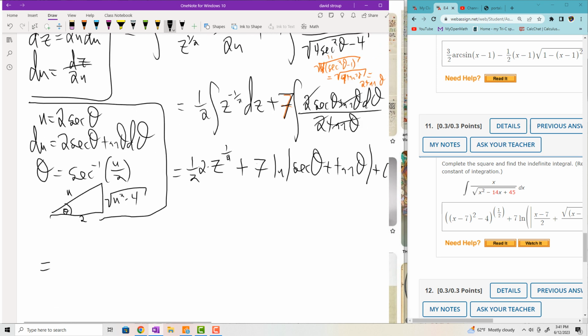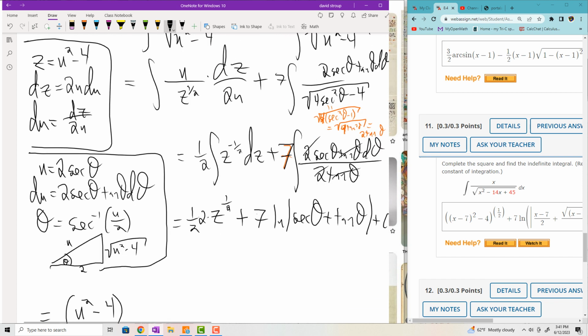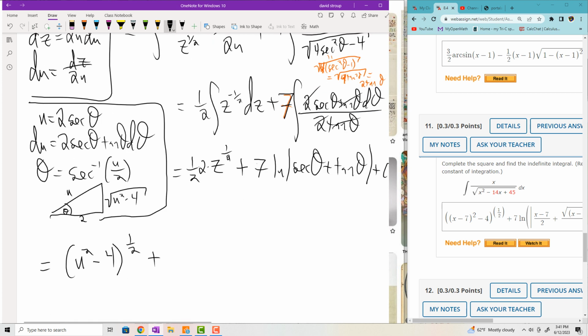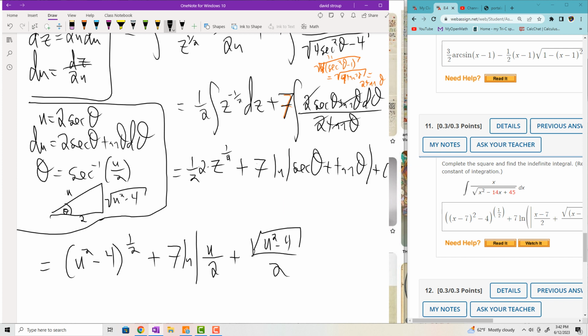So anyways, back subbing the z portion at least. So we have u squared minus 4, wasn't it u squared minus 4? Yeah, to the 1/2. And then plus, now I have to back sub the secant theta and stuff. Ln of the absolute value of secant is, using now the triangle, hypotenuse over adjacent, and then tan is opposite over adjacent.